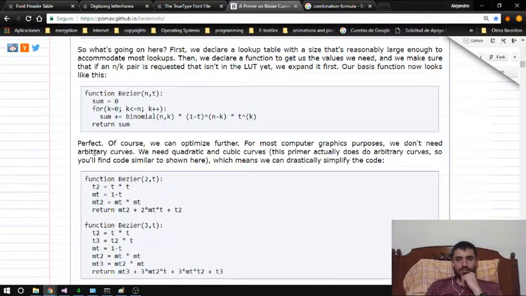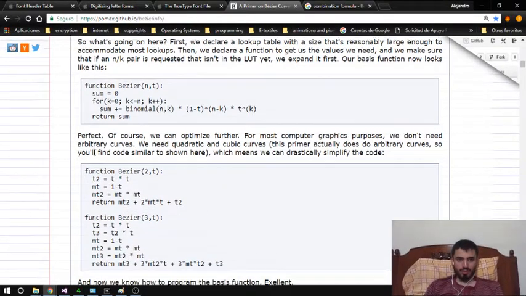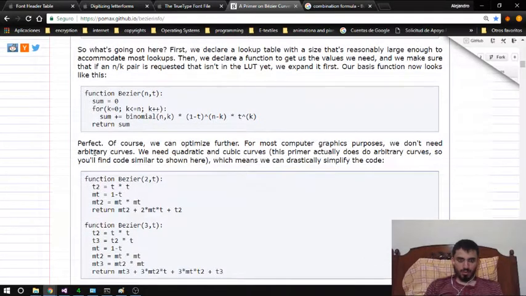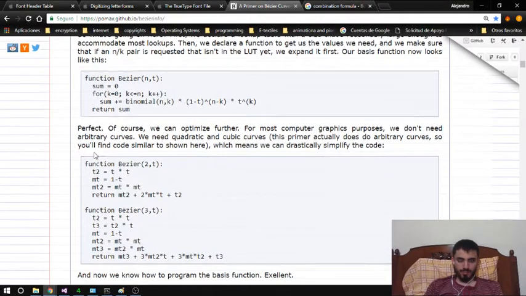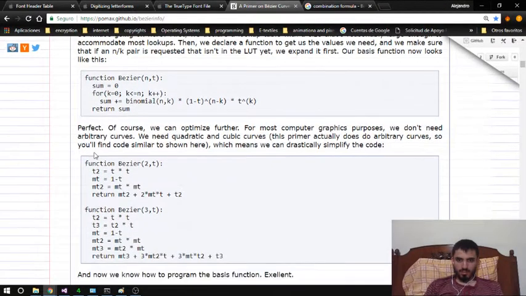For most computer graphics purposes, we don't need arbitrary curves. We need quadratic and cubic curves. This primer actually does do arbitrary curves.